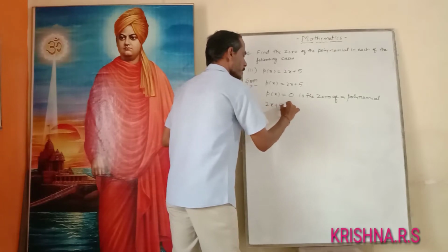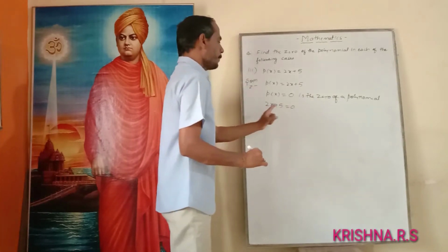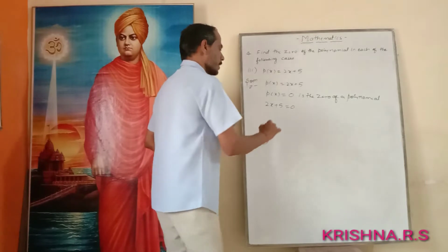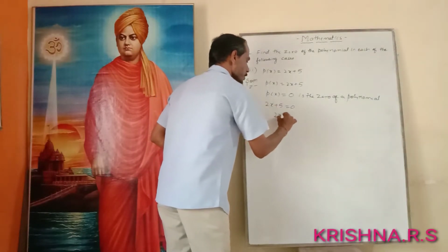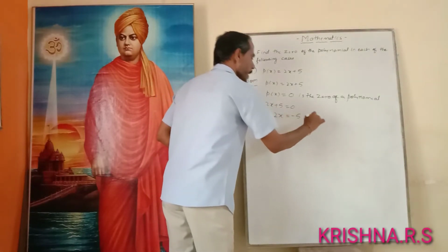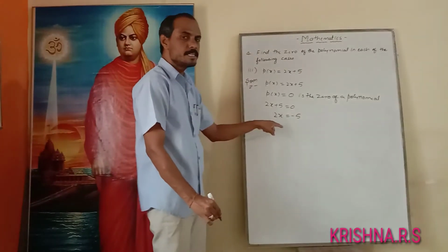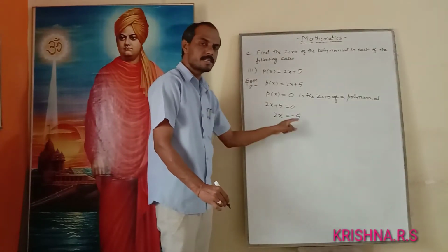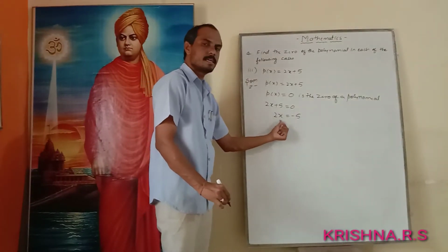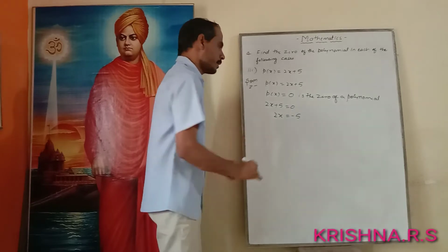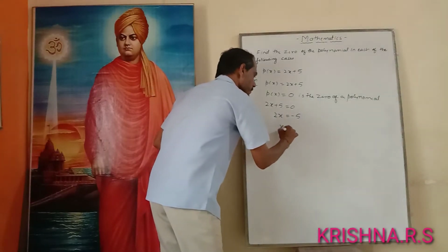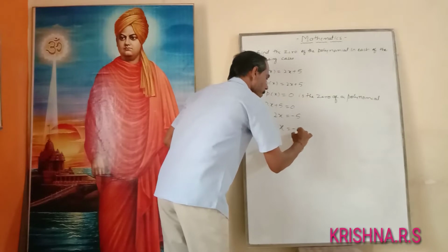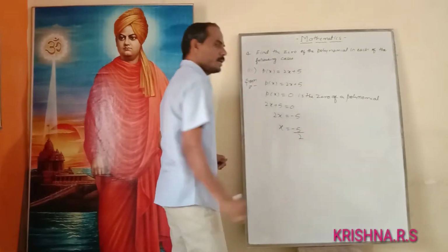P of x is 2x plus 5 is equal to 0. Plus 5 goes to the RHS, so only 2x remains. 2x is equal to minus 5. We want x, so the 2 goes to the other side, cross multiply. Then x is equal to minus 5 divided by 2.